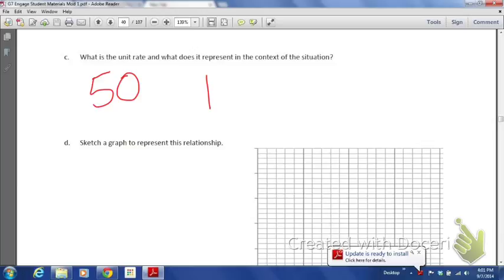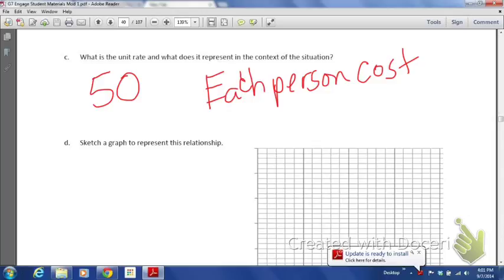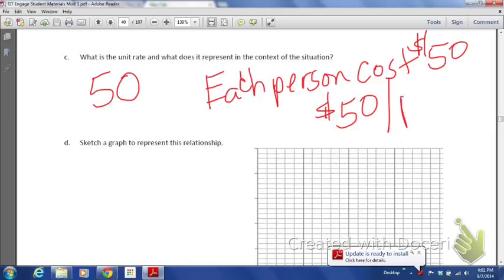So each person costs $50, or $50 per person, is our unit rate.